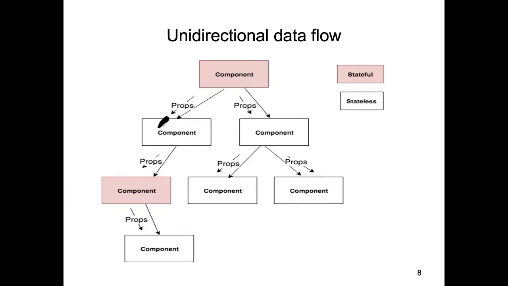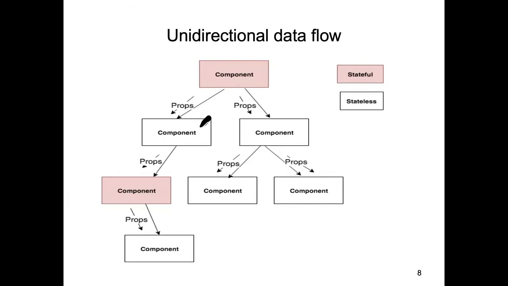Similarly, if you looked in the JSX of this component, it would have references to this one and this one. So this component here is delegating some responsibility for generating part of what should be appearing on the screen. That's what I mean by this parent-child relationship.